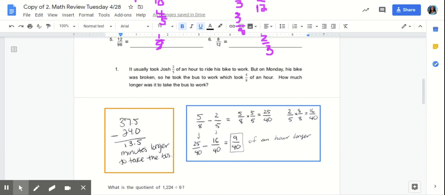I want you to think about how many minutes are in an hour. That's right, 60 minutes. So in order to be able to figure out this problem, we have to know what 2/5 of an hour, or 2/5 of 60 minutes, is equal to.